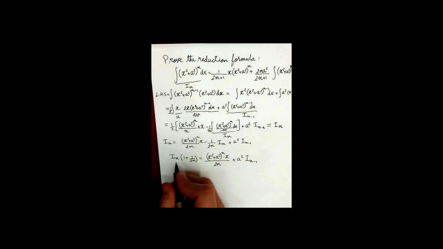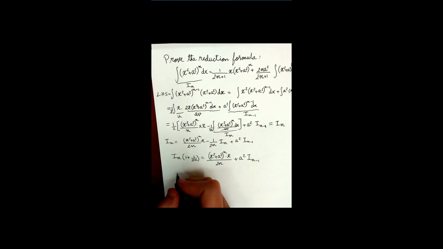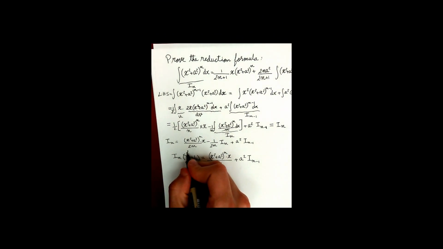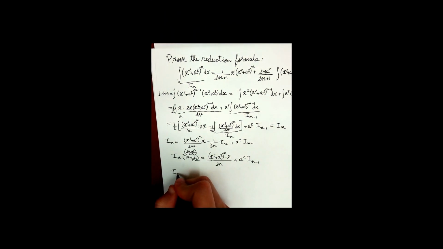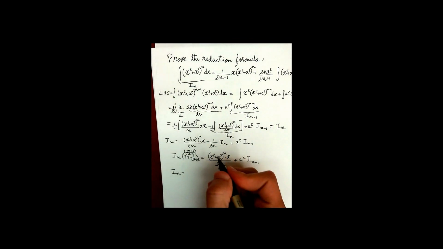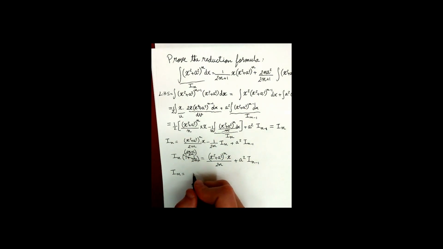I will take that and divide it in the other side. And this is also, you can simplify to be 2n plus 1, or to put it in another form, this is the same by making common denominators. So In is equal to what? We will reciprocate this fraction to be multiplied by this whole term.